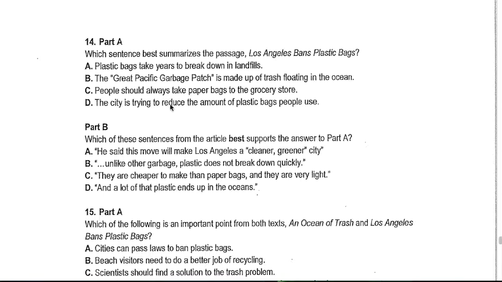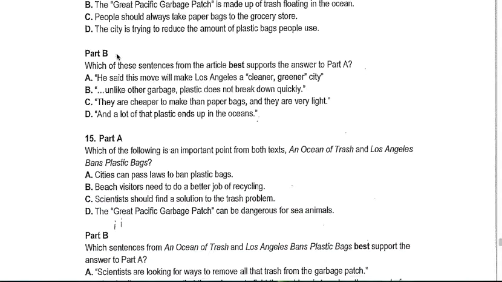The city is trying to reduce the amount of plastic bags people use. Part B. Which of these sentences from the article best supports the answer to Part A? He said this move will make Los Angeles a cleaner, greener city. B. Unlike other garbage, plastic does not break down quickly. C. They are cheaper to make than paper bags, and they are very light. D. And a lot of that plastic ends up in the oceans.